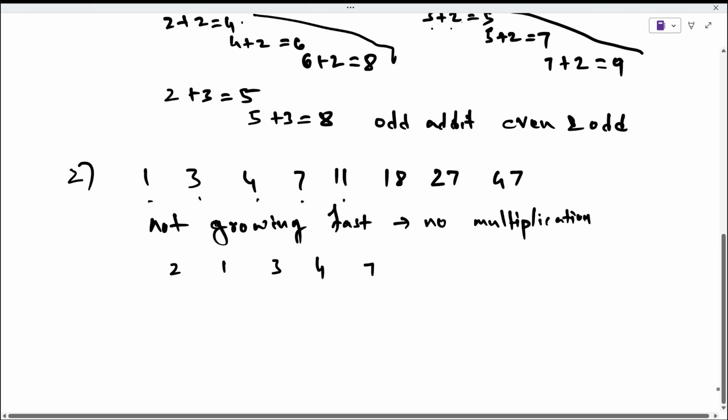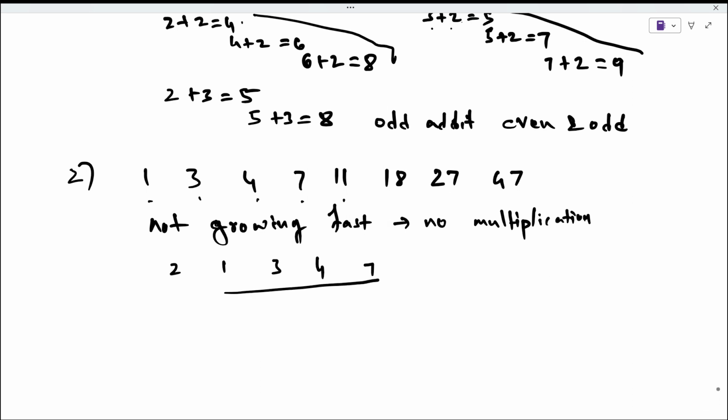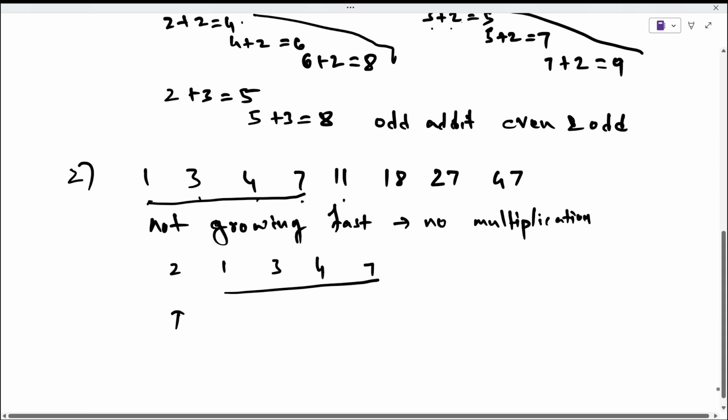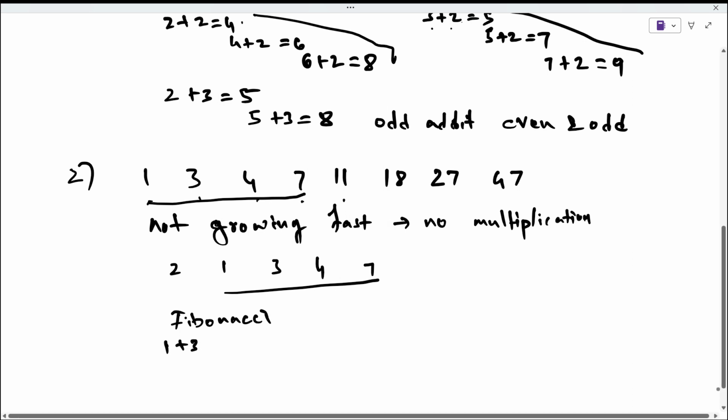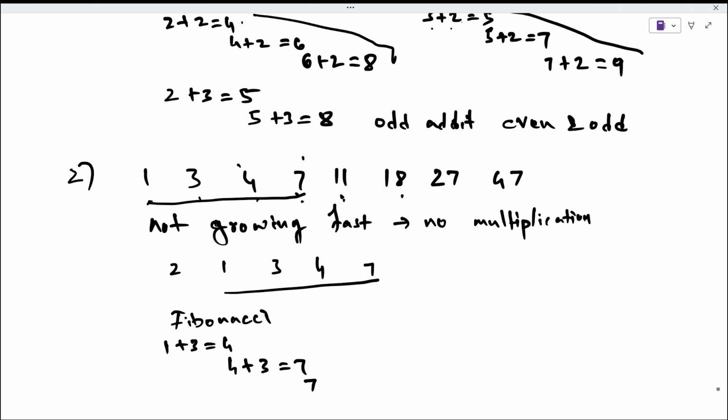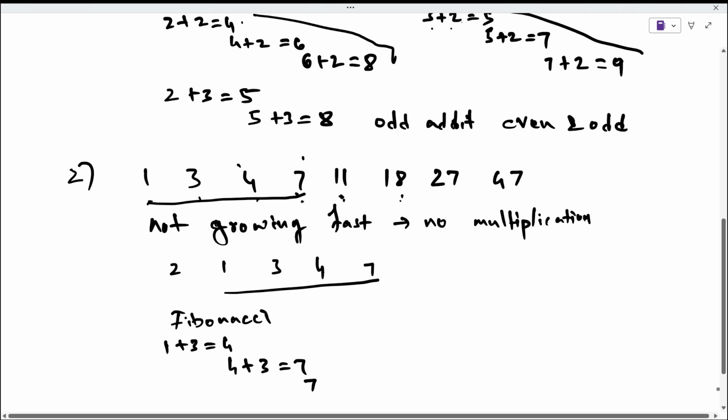Now if you see 1, 3, 4, 7. This is called Fibonacci series. Every number is the sum of the previous two numbers. So, for example, 1 plus 3 is 4. 4 plus the previous number 3 is 7. 7 plus 4 is 11. 11 plus 7 is 18. 18 plus 11 should be 29.